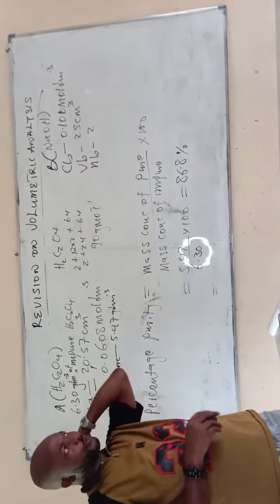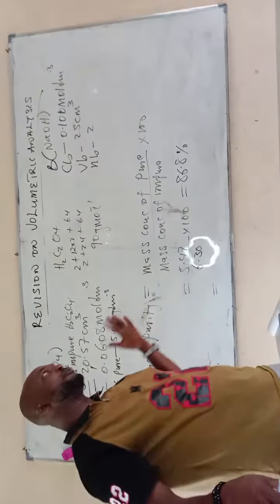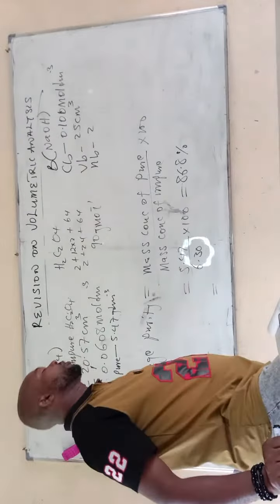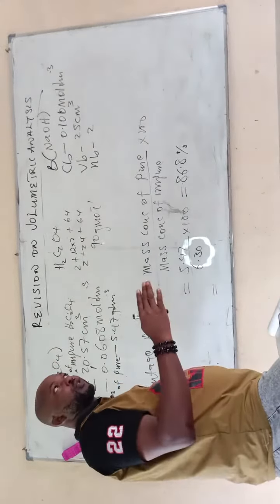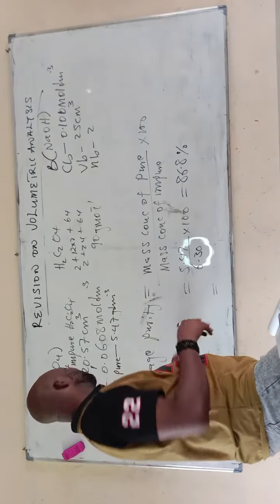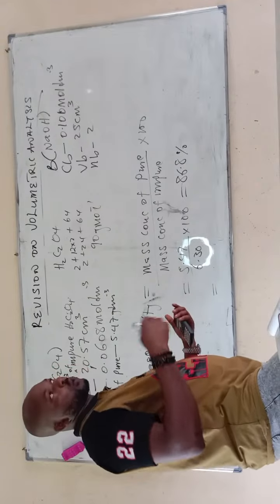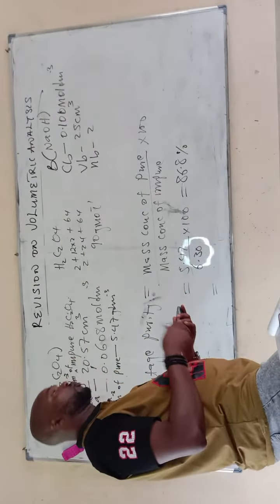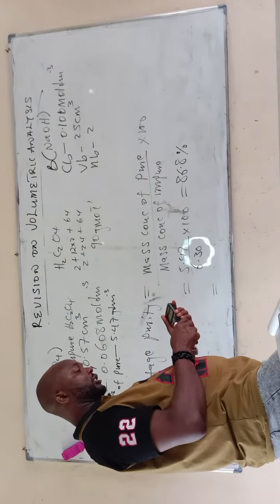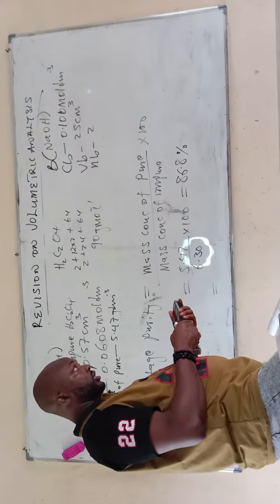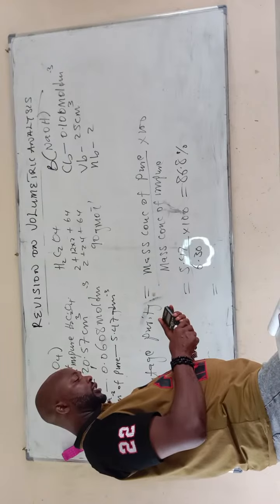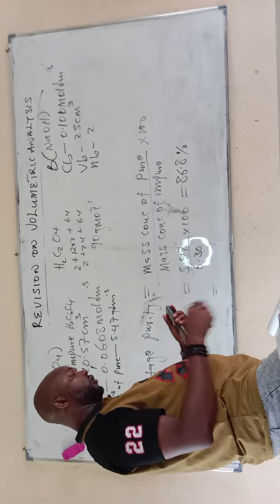Now, if you were asked what is the percentage impurity, remember, I told us that we have a formula which is percentage purity plus percentage impurity is equal to 100. So if the percentage purity is 86.8, the percentage impurity is 100 minus 86.8, which will give us 13.2.